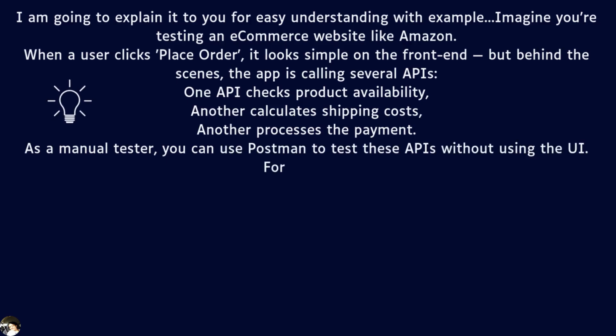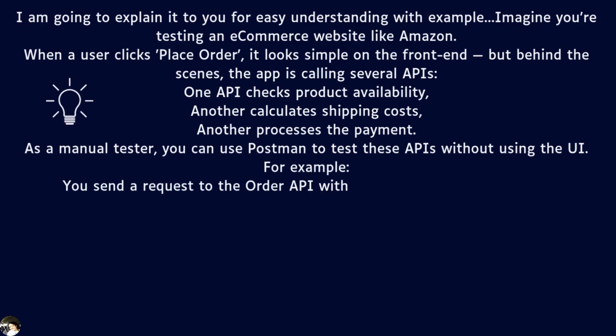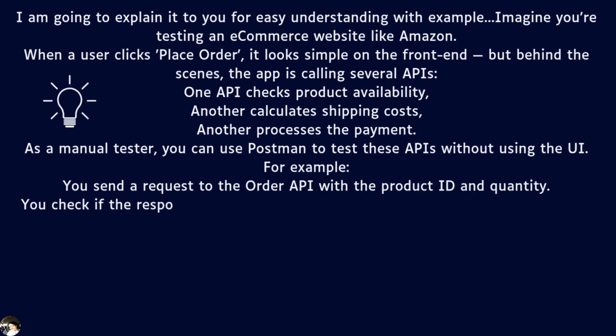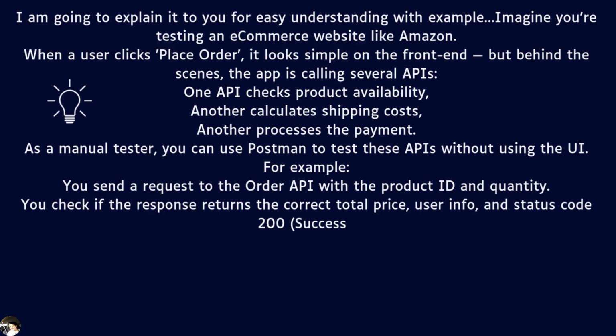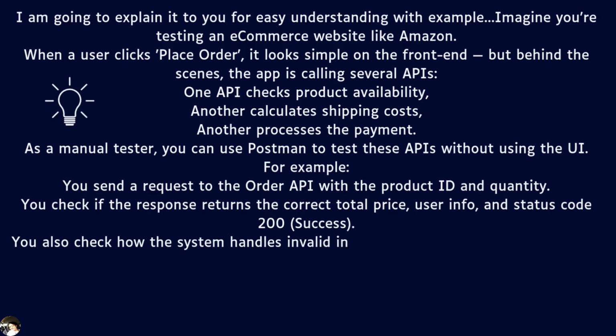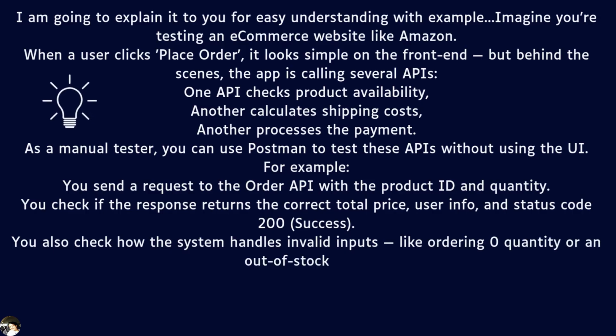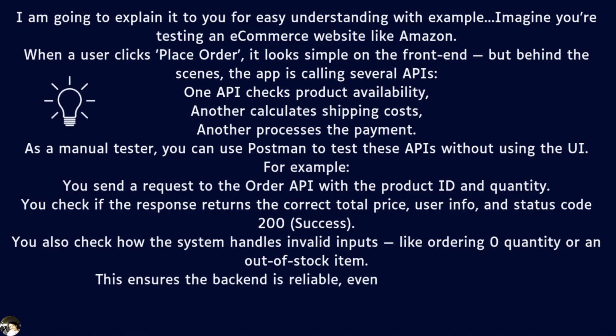For example, you send a request to the order API with the product ID and quantity. You check if the response returns the correct total price, user info, and status code 200. That is success. You also check how the system handles invalid inputs like ordering zero quantity or an out of stock item. This ensures the backend is reliable even if the UI looks fine.